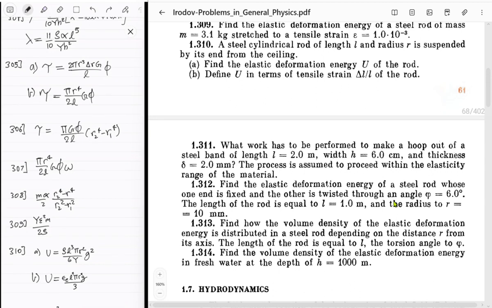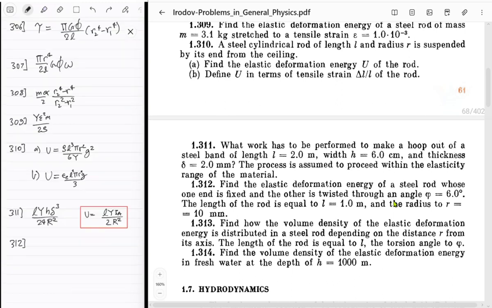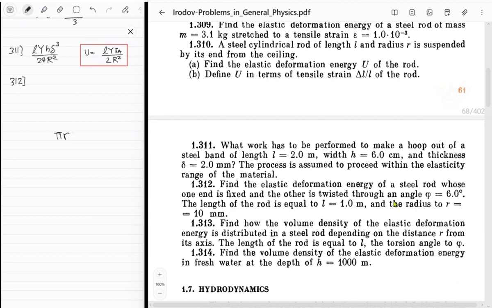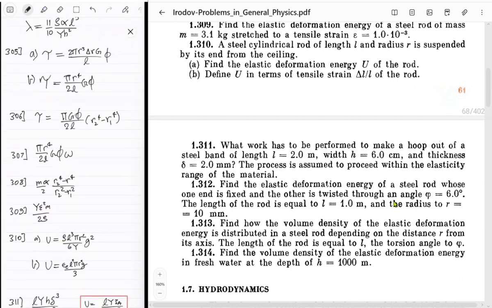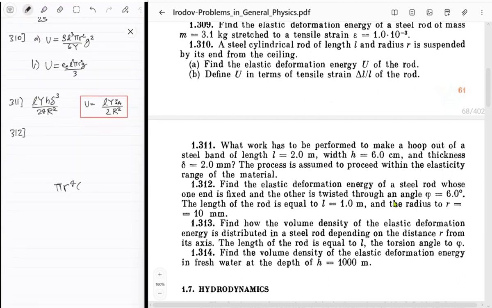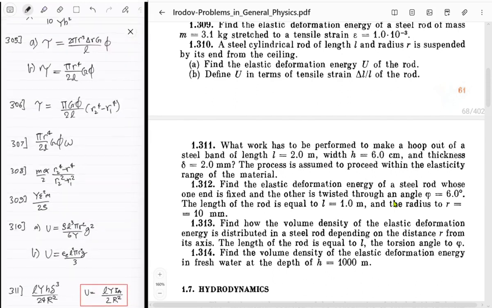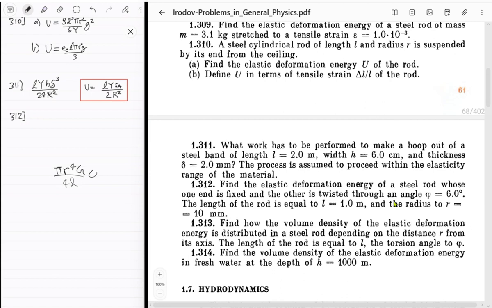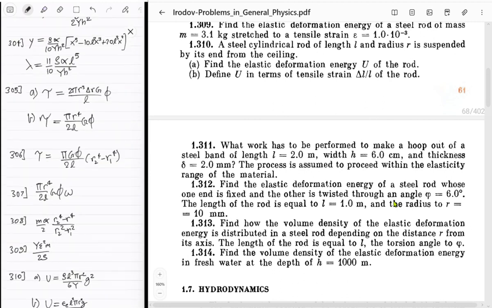And then, yeah, like torque times d theta, that so tau d theta is equal to the work done, right? So you just want to integrate this thing. So basically what you will get is like pi r power 4 upon 4 L and that of G. This is the energy that you will get, right? Or something. Oh, it also have like phi squared, sorry. So yeah, that should do it.